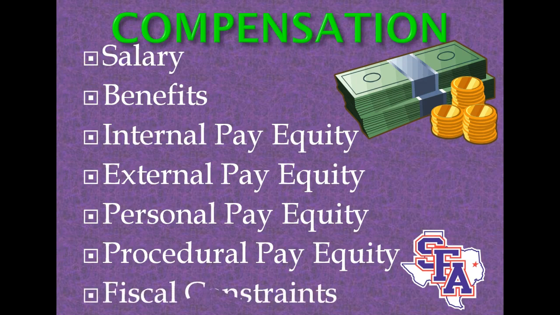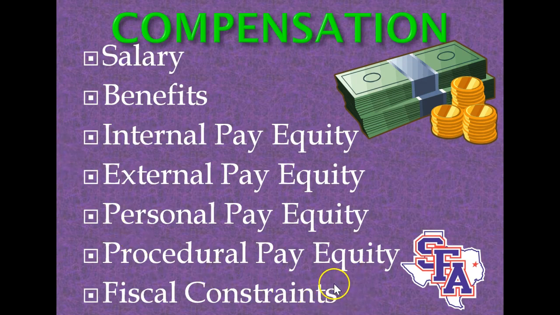And then finally, all this compensation comes down to fiscal constraints. We habitually live in times where there's never going to be enough money. We're never going to have big surpluses. So, therefore, we have to work within the confines of fiscal constraints.